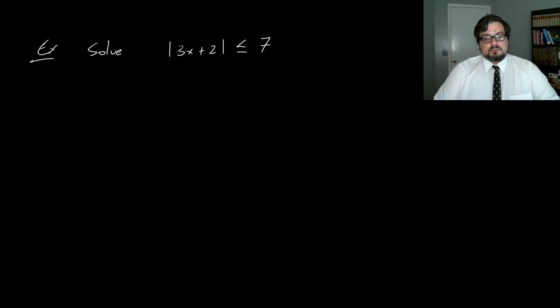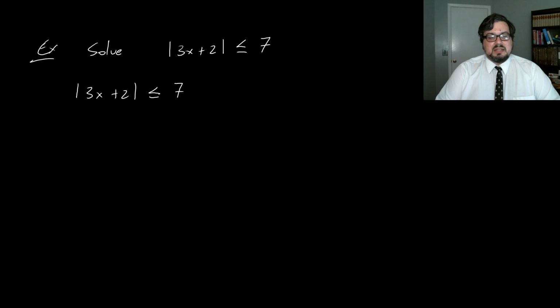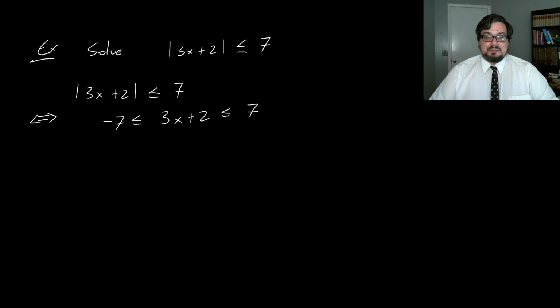Well, whenever you run into a situation like this, the absolute value of something is less than or equal to 7, or less than a number, then we can translate it in the way that we just talked about. 3x plus 2 is less than or equal to 7 is the same as saying that 3x plus 2, the stuff inside the absolute value, has to be less than or equal to 7 and greater than or equal to -7.